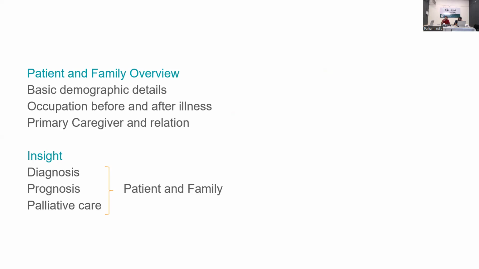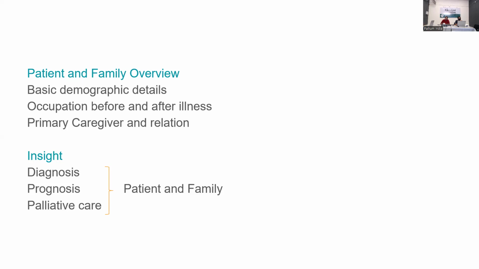And then the next category is insight. Whether the patient has any idea of his or her diagnosis. Most of the time, what we see is that the patient knows that he is having cancer, but does not know the severity of the cancer, right? For example, the patient may not be aware that he is in stage 4 and that his condition is deteriorating. So we assess whether the patient is aware of the diagnosis, whether the patient is aware of the prognosis, and whether the patient has any idea of what palliative care is, and whether the family members are also aware of the prognosis and diagnosis.